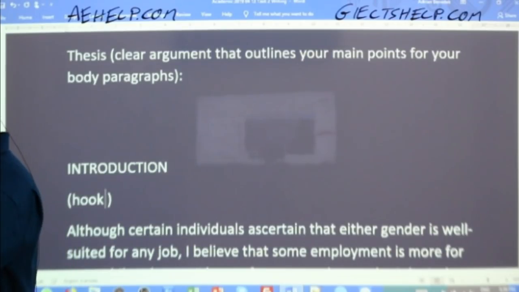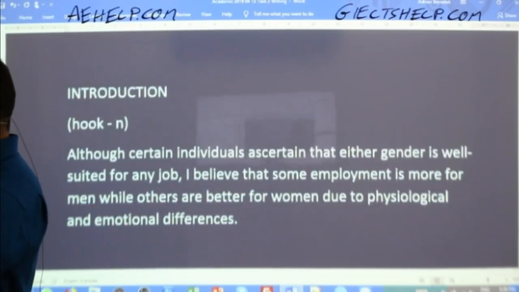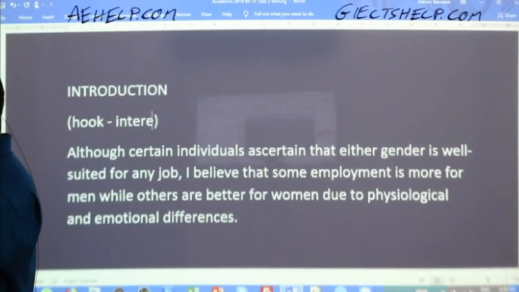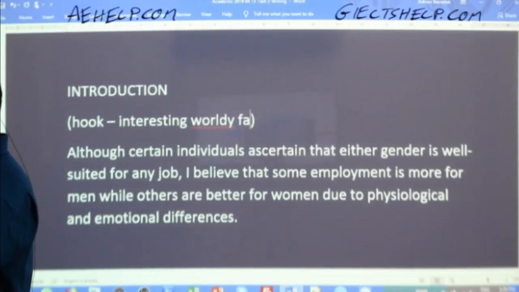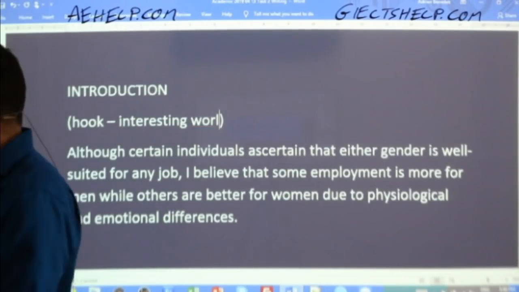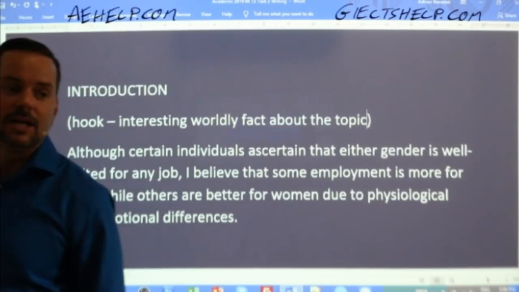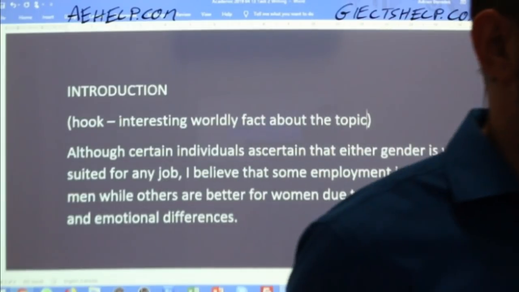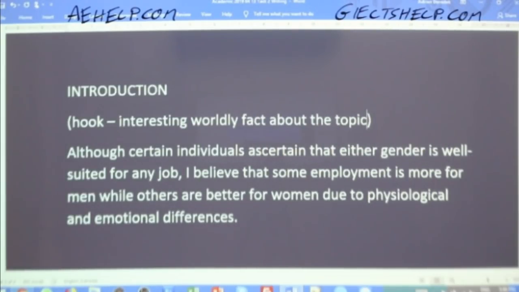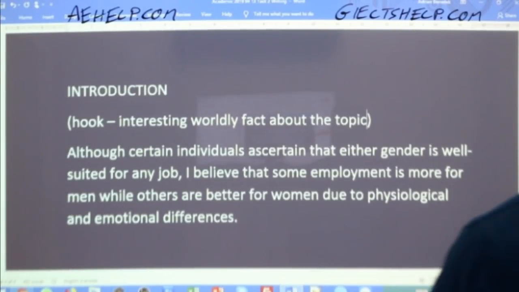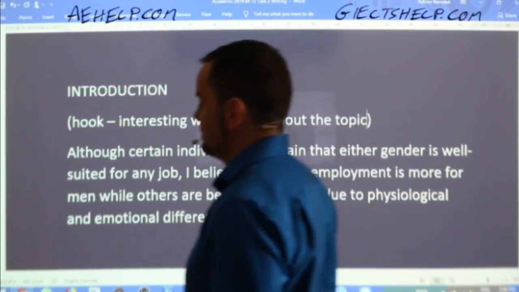So the simple way to think about your hook is an interesting worldly fact about the topic. So write an interesting worldly fact about gender in today's world. Start with that. Okay? So that's what your hook is.